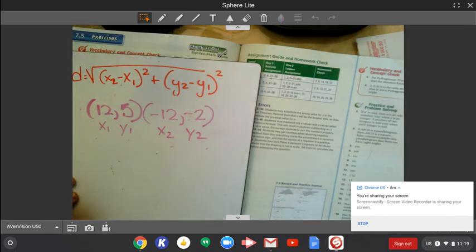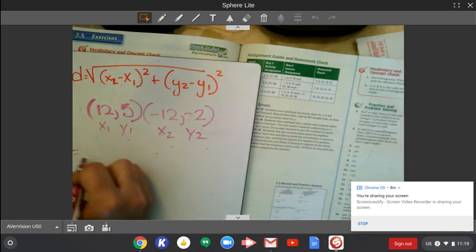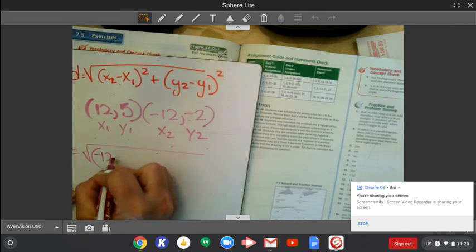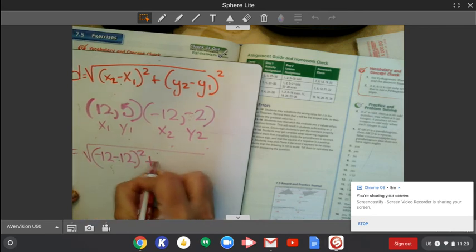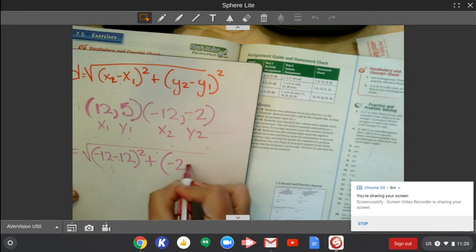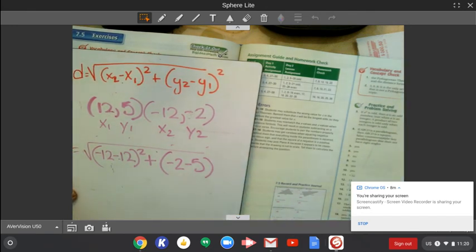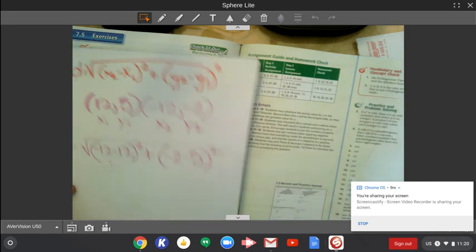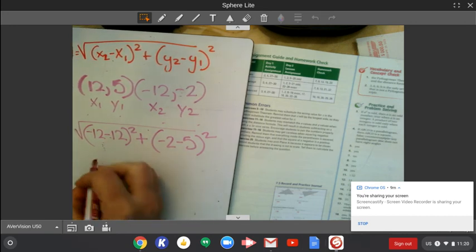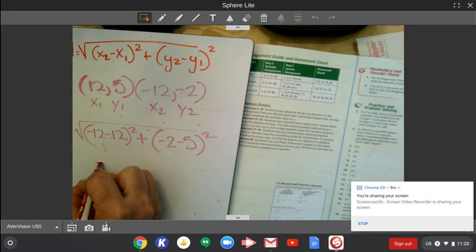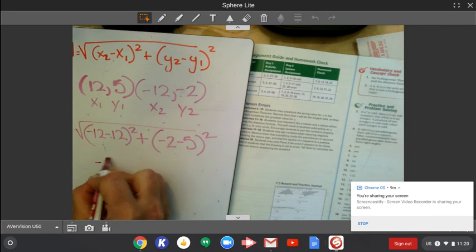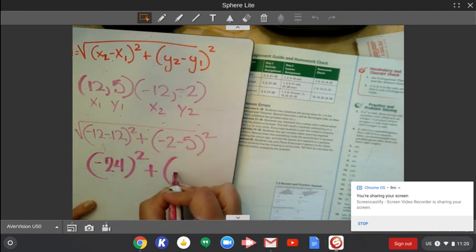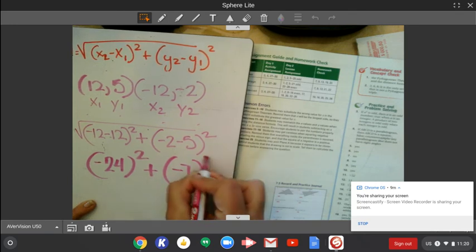Step 2, make sure you have this formula written down in front of you. I'm just going to plug everything in. So you got d equals square root of x2, negative 12, minus 12, negative 24 squared, plus y2, negative 2 minus 5 is negative 7 squared.